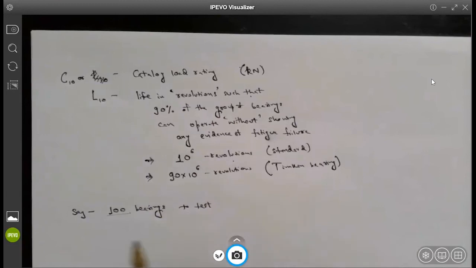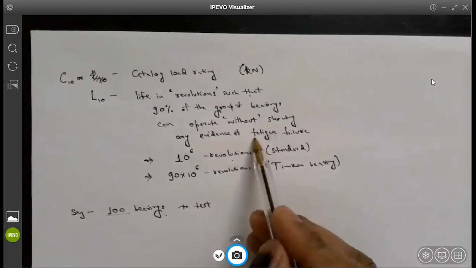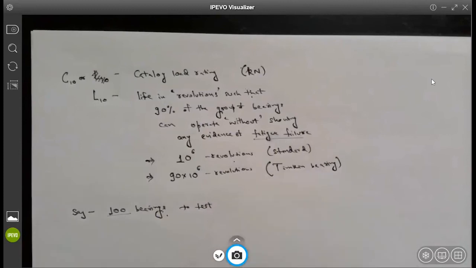Because the life of the bearing is dependent on fatigue failure, and fatigue failure is stochastic, statistical in nature. It does not have a fixed number. So because of that, we generally don't talk about the fatigue failure of one bearing. We talk about a group of bearings and say how many of those bearings can withstand a specific load at a specific number of revolutions. Does it make sense to you guys?